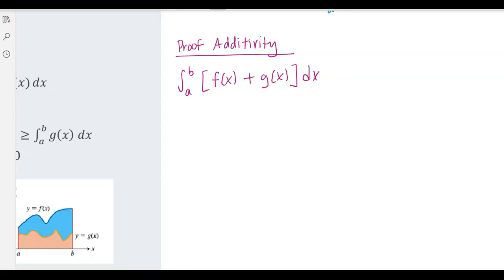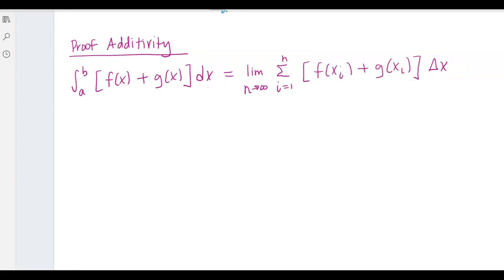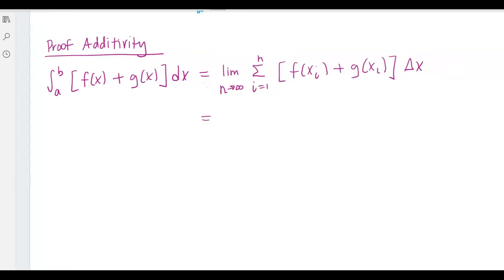And if we rewrite them in terms of the Riemann sums, we'd have the limit as n goes to infinity of the sum of f of x sub i plus g of x sub i times delta x. The rules of summation will let us break that into two separate sums. So I'll do that. I'll leave the limit on the outside here.